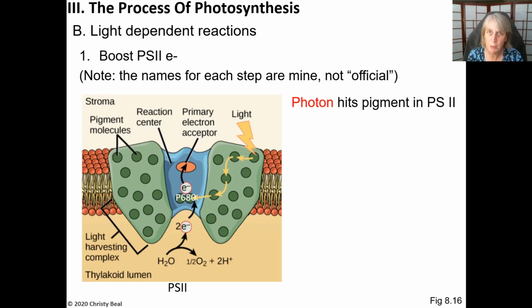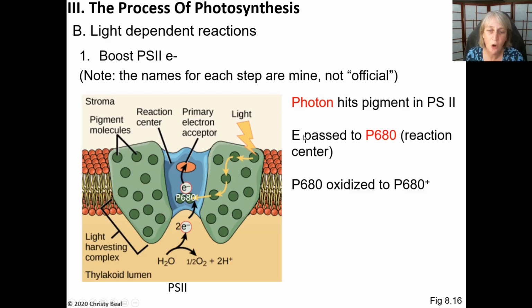So we're going to start by boosting an electron, getting it excited. And we do that by the photon, the little particle of light, striking the chlorophyll molecule in photosystem 2, causing it to wiggle because it's so excited, and they bump into each other, like an excitement party. Ultimately, it gets so excited, with so much energy, that it gets passed to this pigment, P680, this actual set of pigments that are really good at absorbing wavelength 680.